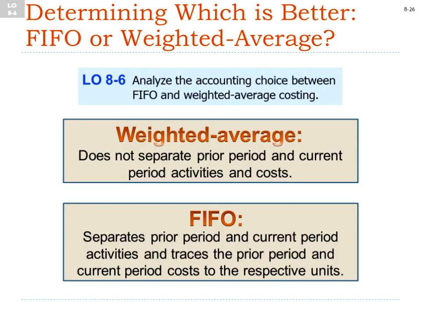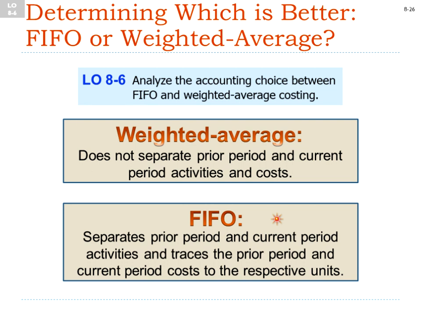So which is better, the FIFO or the weighted average method? Well, each one has its positives and negatives. Weighted average is probably a little bit simpler to do. You're just adding up the costs and finding the average, whereas with FIFO, you're separating the prior period and the current period.